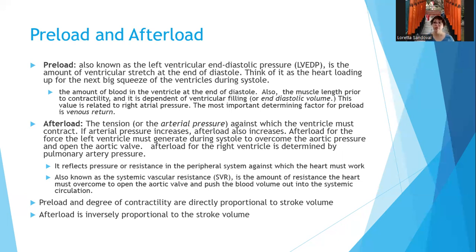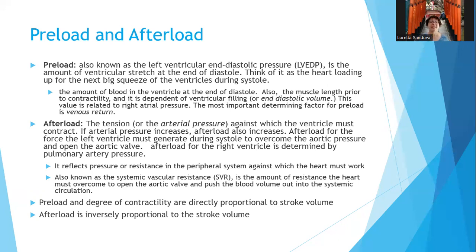So if there's some way that your venous return is compromised, it's going to compromise your preload. Okay. Preload and degree of contractility are directly proportional to stroke volume. So if preload goes down, stroke volume goes down, and cardiac output goes down. So hopefully that makes sense.